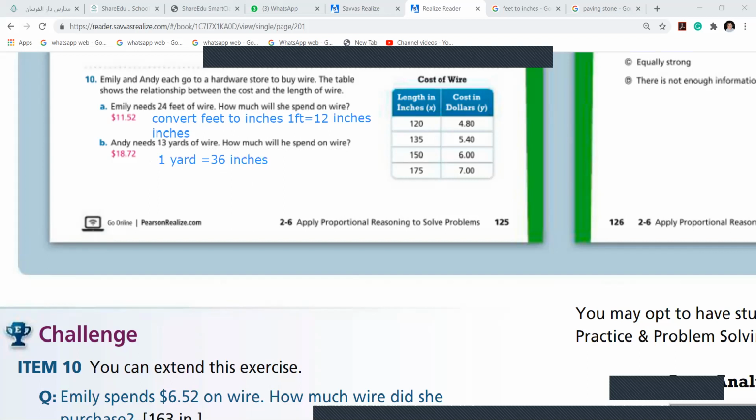I will solve the question here on the white screen. That is question number 10 A. So the question is, Emily needs 24 feet of wire.